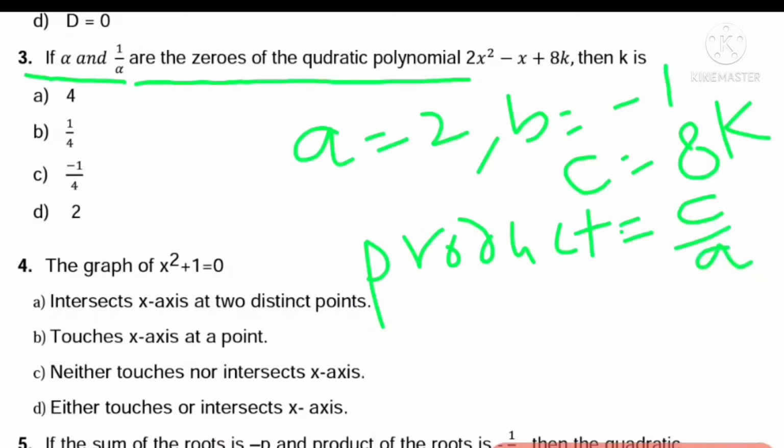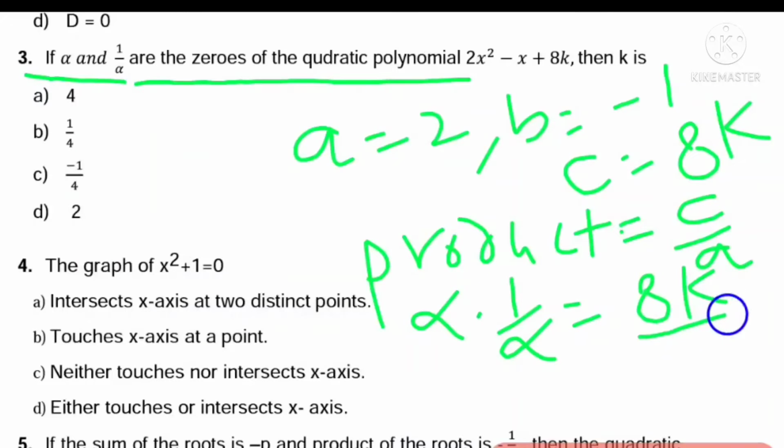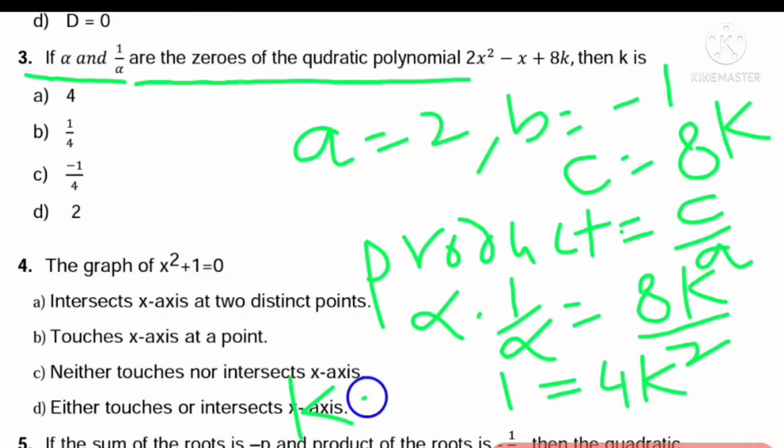Okay, and product is here alpha into 1 upon alpha equal to c is here 8k and a is here 2. So we get here 1 equal to 4k. So k equal to 1 upon 4. So answer is here B. All of you understand these?